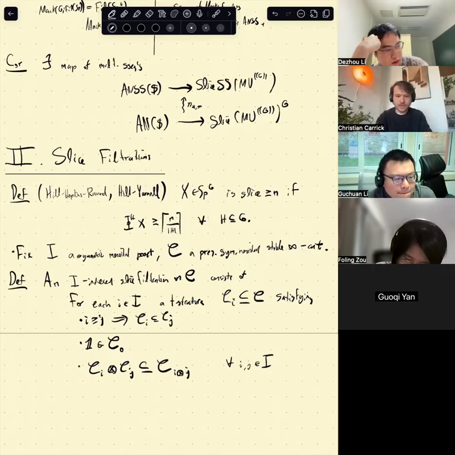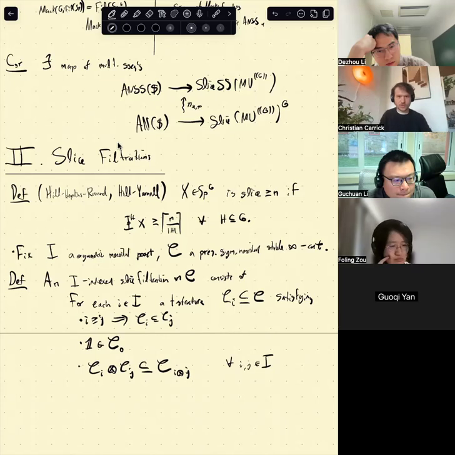Okay, so this is the definition of what I am calling an I-indexed slice filtration, and you can keep in mind I can be the integers with its usual ordering. That would be an example of a symmetric monoidal poset.